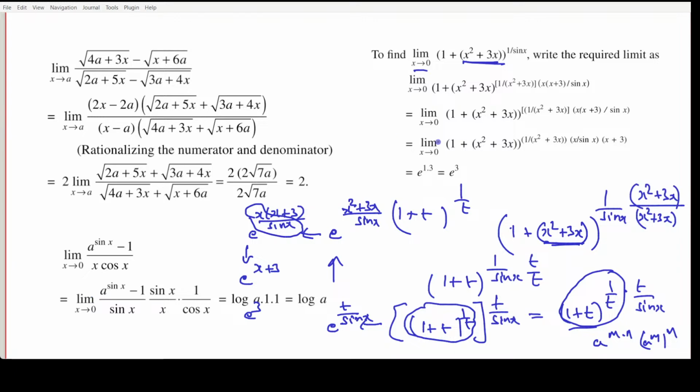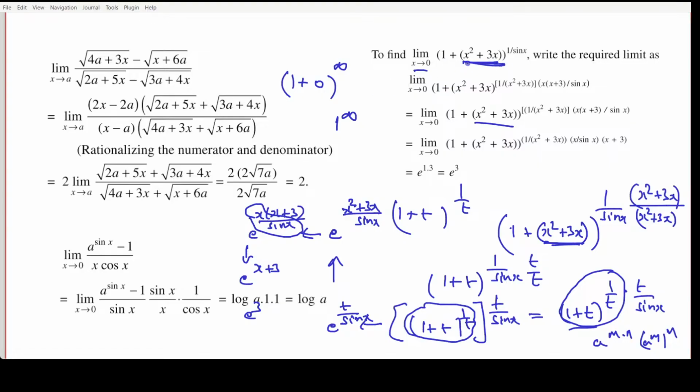So basically, what we are doing is trying to convert this into the format of e power something. For that, we sensed that there is 1 plus 0 whole to the power infinity, this kind of 1 power infinity form.